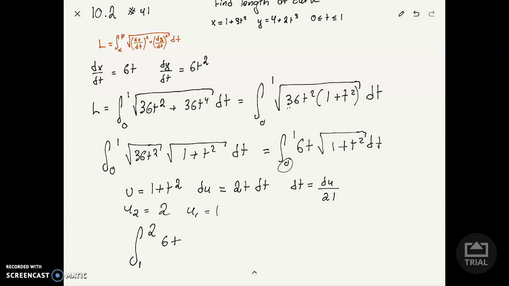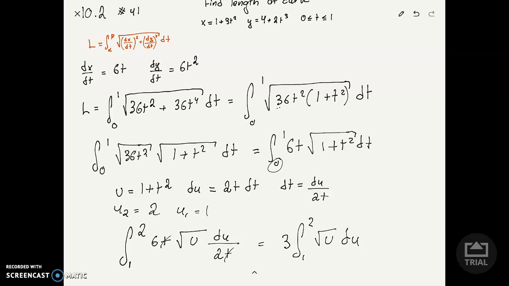We had 6t root u du over 2t. This is just replacing our dt with this expression and subbing in our u. The t's cancel, which is good. We're in the u world now, and we're left with a factor of 3, the 6 over 2, and then the integral from 1 to 2 of root u du.